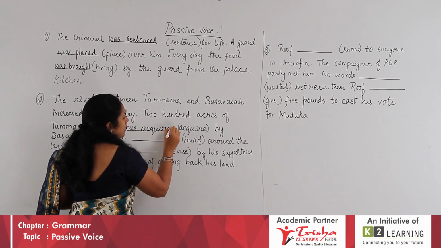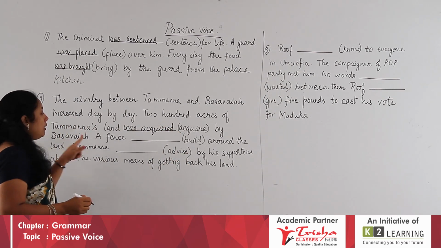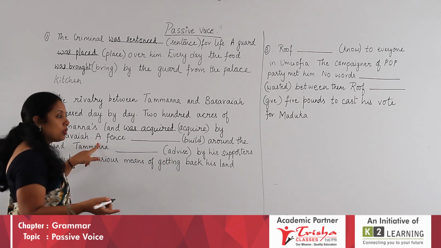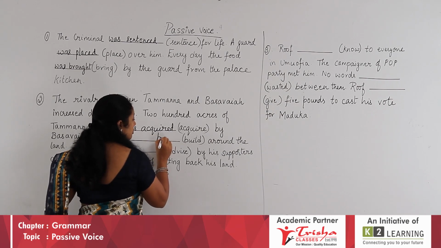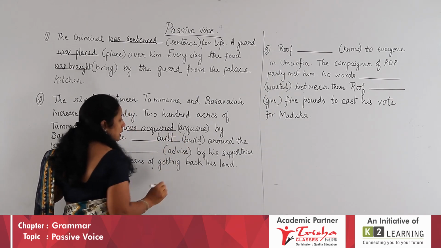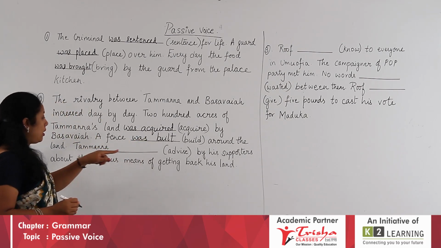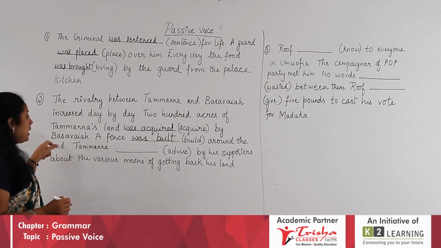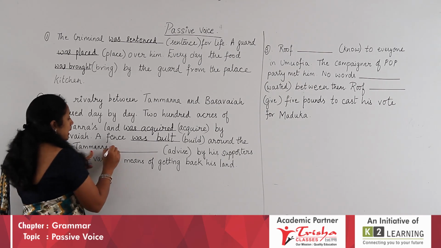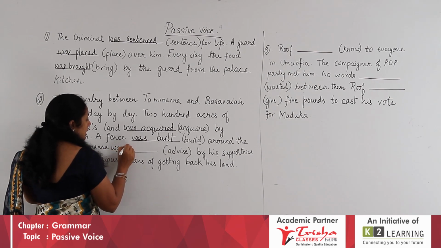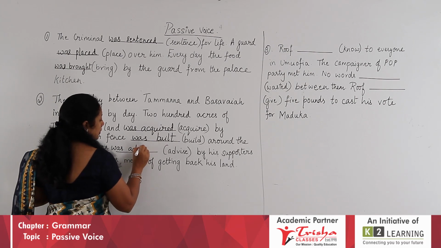Was acquired by Basavaya. A fence, build. So it has to be built. B-U-I-L-T, built. And this one: a fence was built around the land. Tamanna, now here again it is was advised.